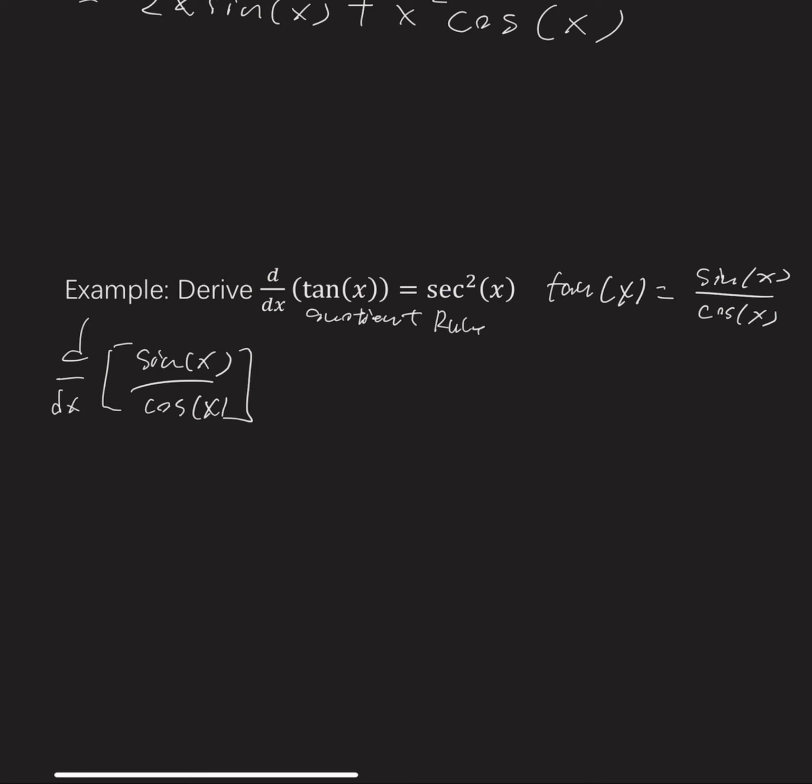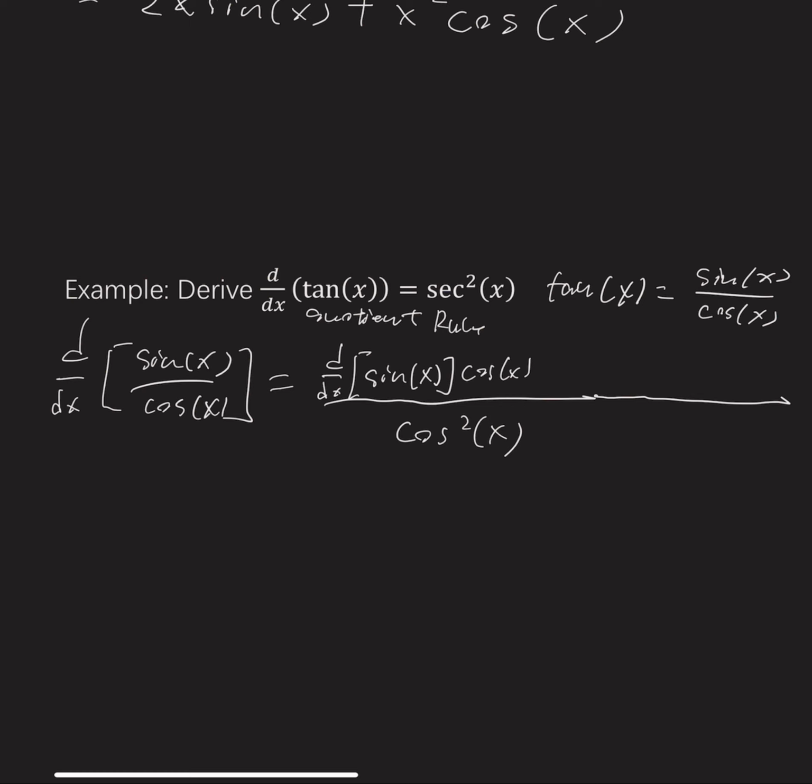Let's write the denominator first. Cosine squared of x. Remember, it's just the denominator squared, not the derivative of the denominator squared, just the denominator squared. And the derivative of sine of x times your denominator, which is cosine of x.